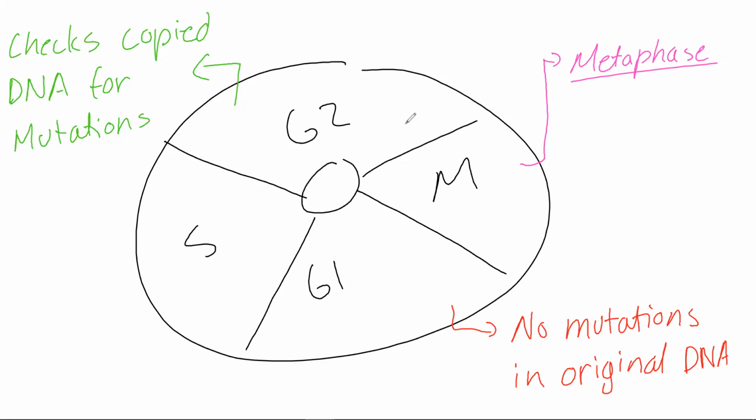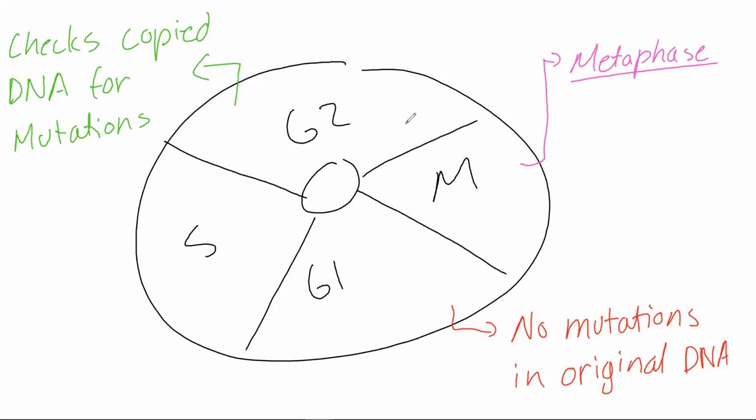So why does it want to check metaphase? Well, if your chromosomes aren't perfectly lined up, you may accidentally pull an extra chromatid to one side. And if that happens, suddenly one cell doesn't have enough DNA, the other one has extra. Bad things are going to happen.